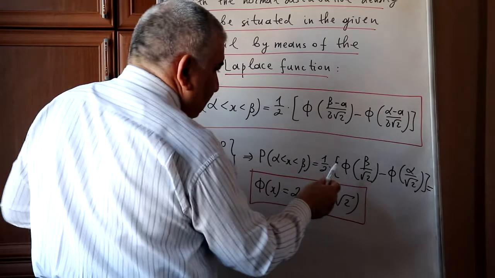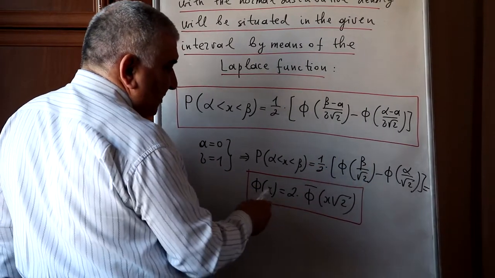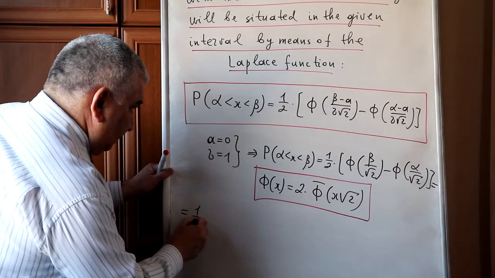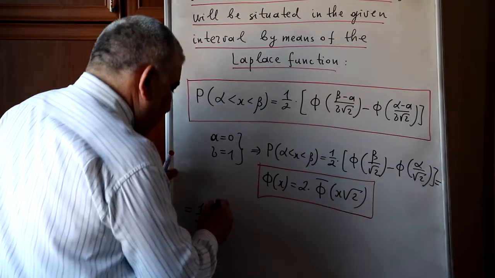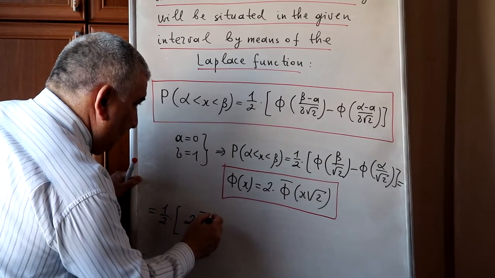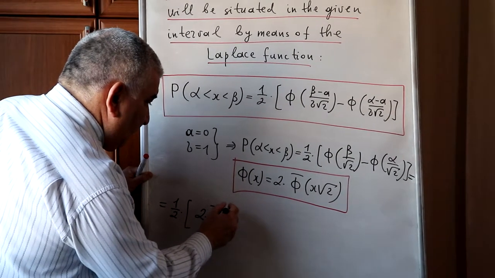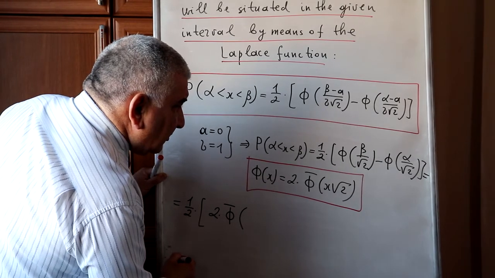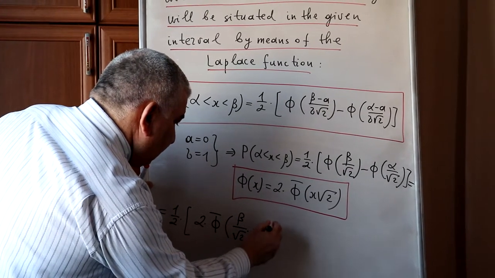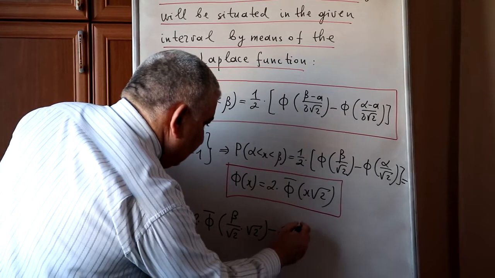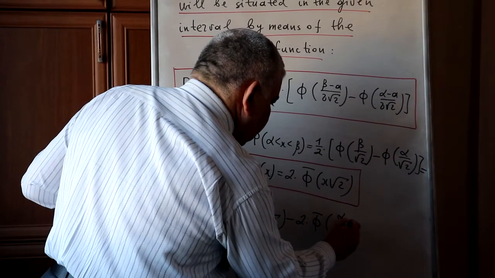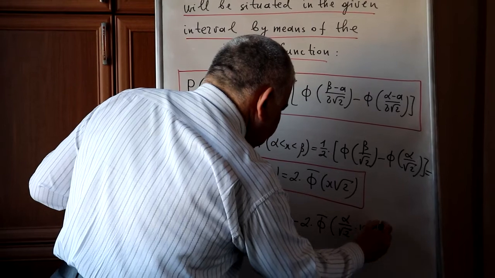Here first substitute beta over square root of 2 instead of x, and then substitute alpha over square root of 2 instead of x. 1/2 multiplied by 2 multiplied by phi bar of beta over square root of 2 multiplied by square root of 2 minus 2 multiplied by phi capital bar of alpha over square root of 2 multiplied by square root of 2.